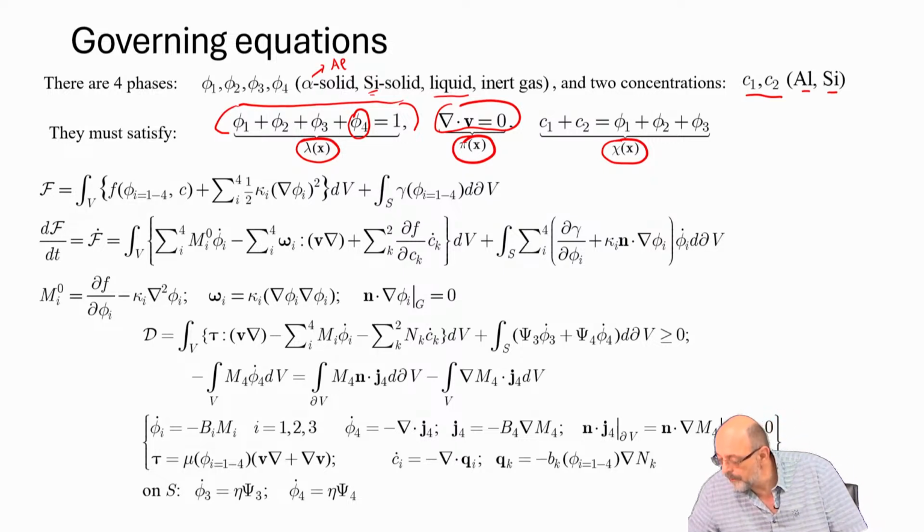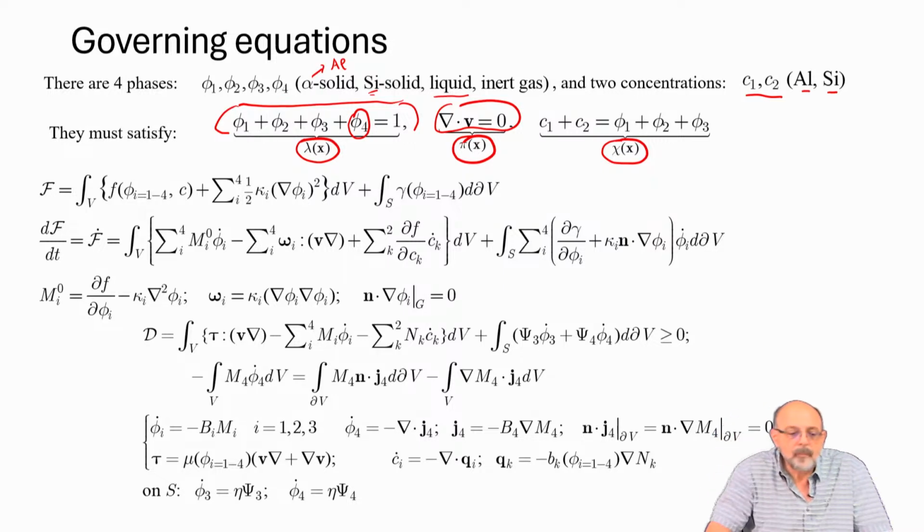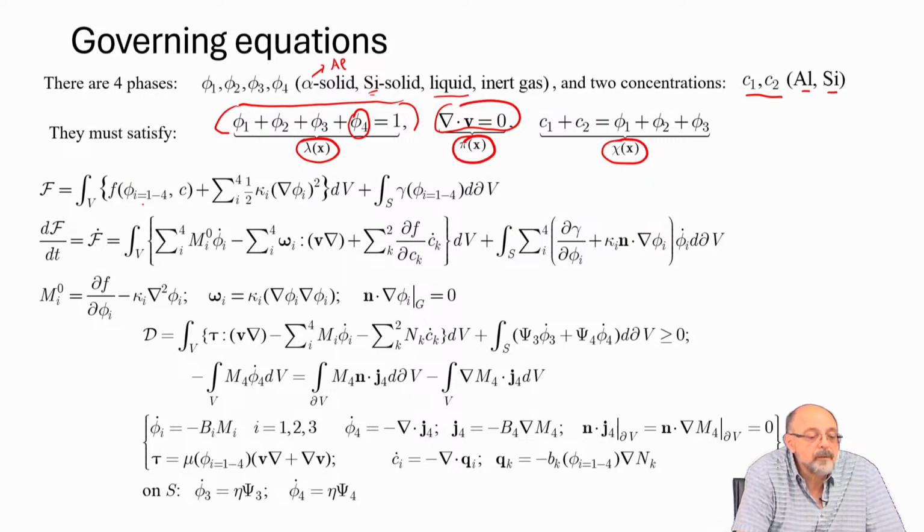So we write our free energy. Let me start my timer so that I know how long I'm talking. Okay, so we write our free energy as a function of phases and concentrations. And when I write C, I mean both C1 and C2. Then I have this gradient term, which we described previously, which represents interface energies. But now I have a sum of squares of the gradients, with these coefficients kappa.